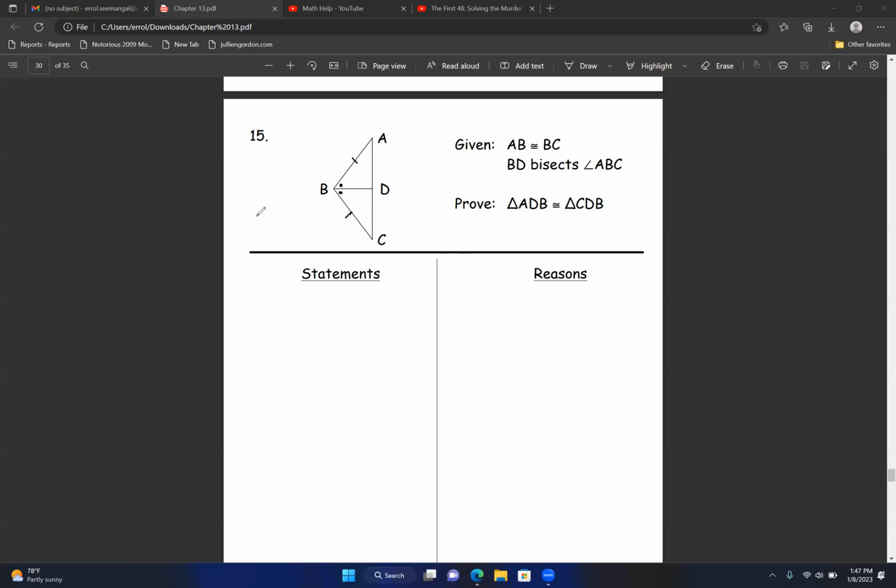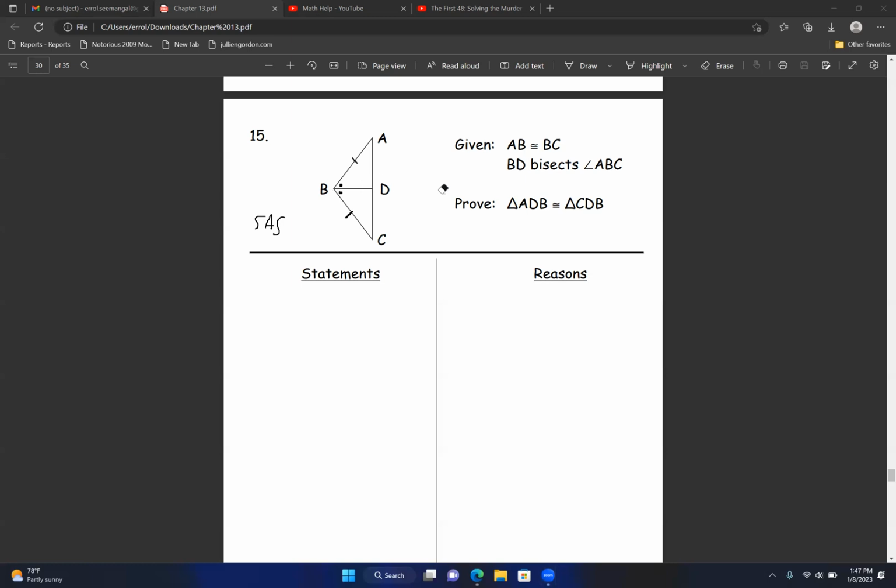Angle, common side. Side angle side. Side, this angle, and then this side. SAS. Okay, you write this one.